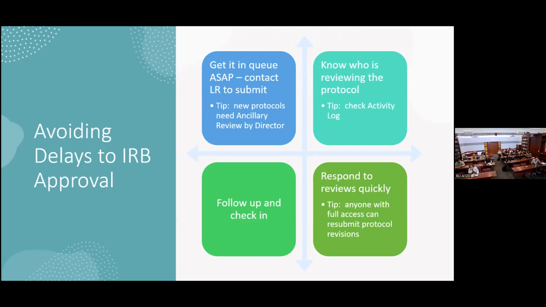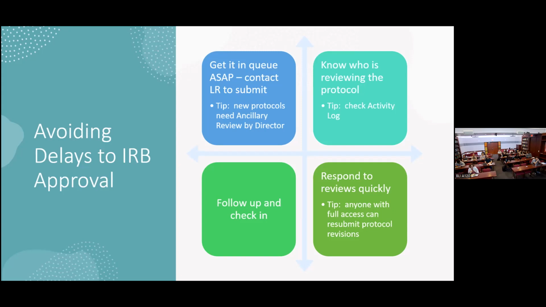And they're happy to do that, because again, 4 weeks until they actually look at it, right? So you can ask them to return it, and once they return it, it doesn't have to be the lead researcher that submits it. It can be anybody who has full access to the protocol. So that's also good to keep in mind.